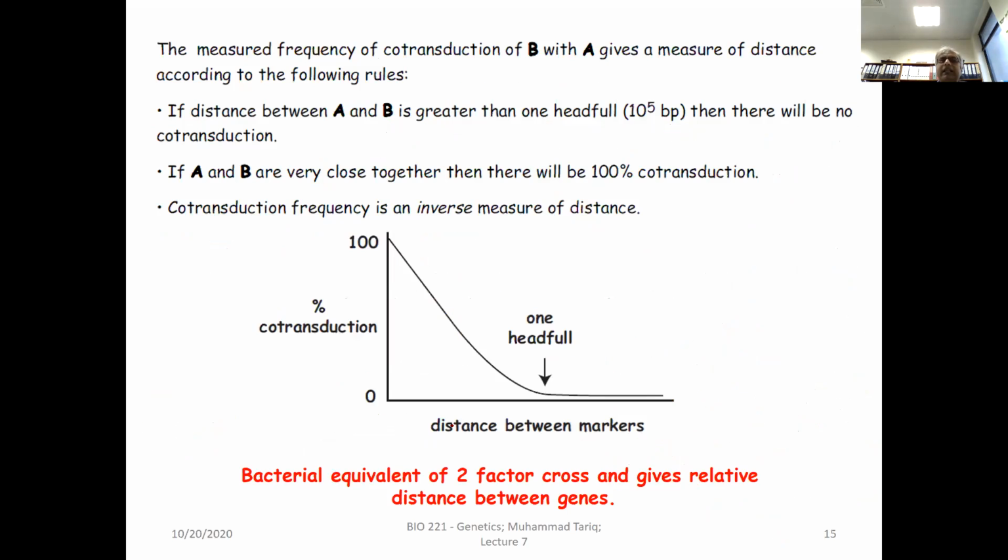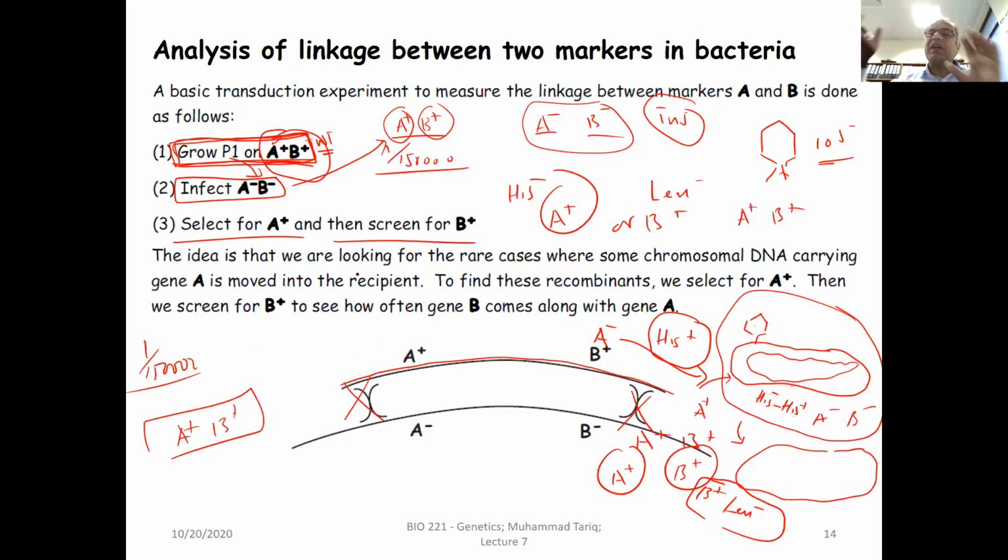It is expressed in such a way, if you have 100% co-transduction. You remember transduction is when a phage particle is involved in transfer of DNA from one bacteria to another.